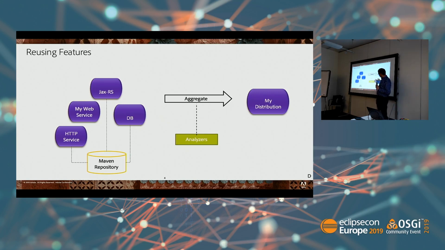Another thing that they can do is analyze your features. There's a couple of reasons for it. For example, you may want to say this feature has to be runnable, so I don't want any missing dependencies. A feature on its own can have missing dependencies, like this one here, which probably has a missing dependency on some database code, and that's fine.